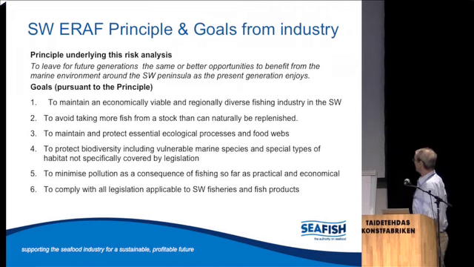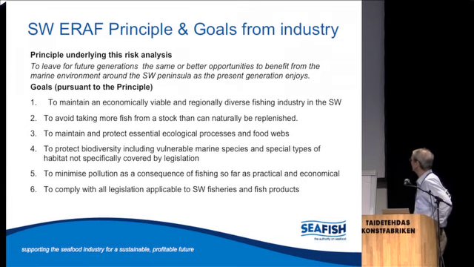So the goals, well, the basic principle is pretty universal, I think. Leave for future generations the same or better opportunities that we have at the moment. And they came up with these various goals, which I don't think many people can argue too much with. We want an economic system that produces fish. We want to avoid taking too much from the fish stock.